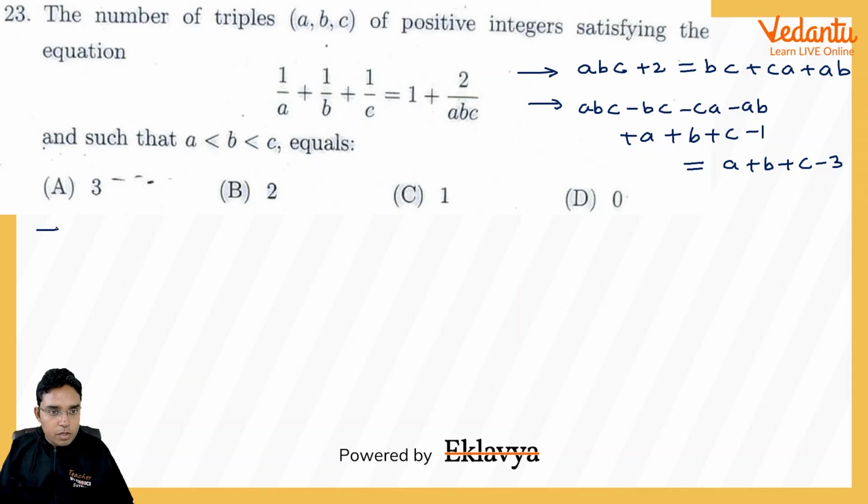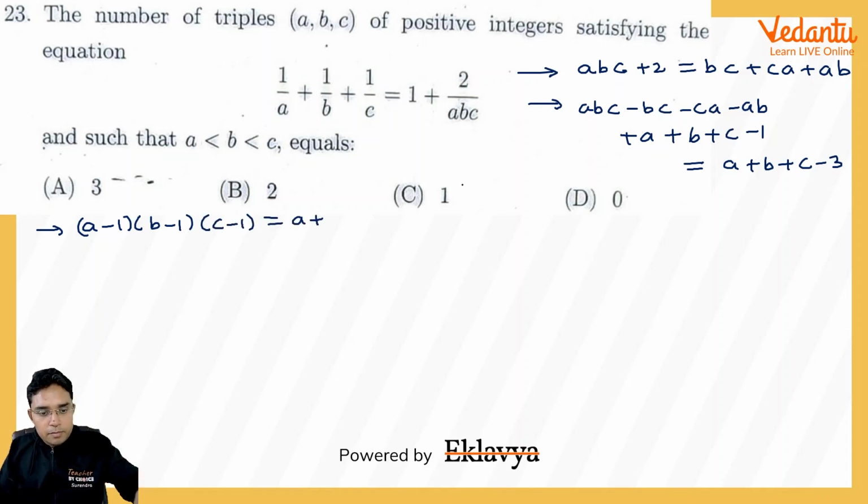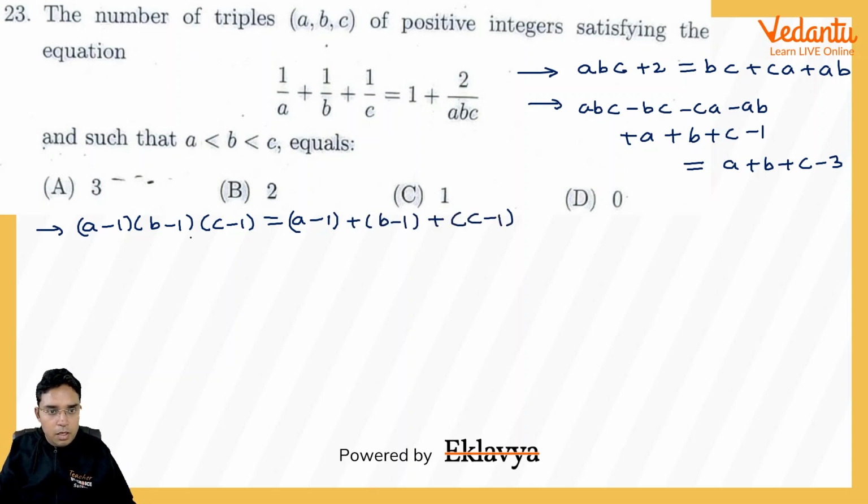So this actually becomes a minus 1, b minus 1, c minus 1 is equal to a minus 1 plus b minus 1 plus c minus 1. Now calling them as x, y and z, we are getting that product of x, y, z should be equal to sum of x, y, z.